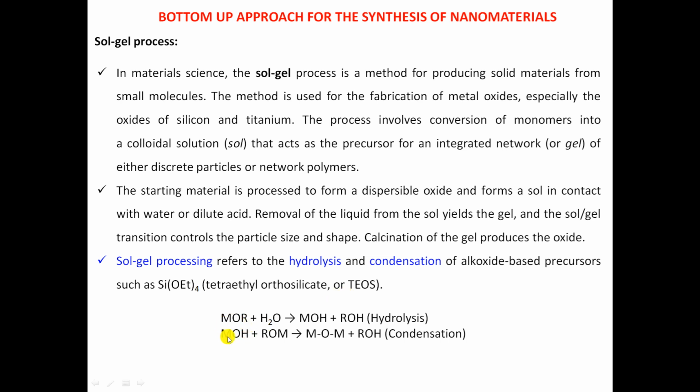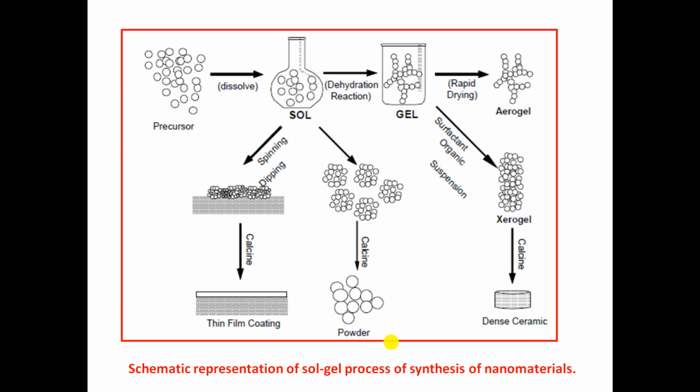This metal hydroxide formed in the above step reacts with another molecule of metal alkoxide to form metal oxide and alcohol. That is the condensation reaction. Here, by hydrolysis continued by condensation of those reactants, we get the nanoparticles.